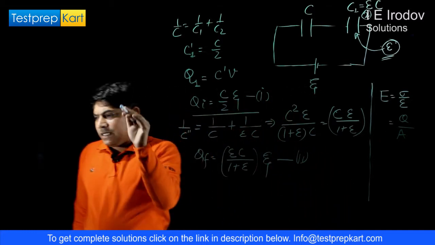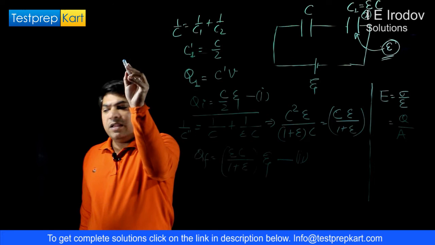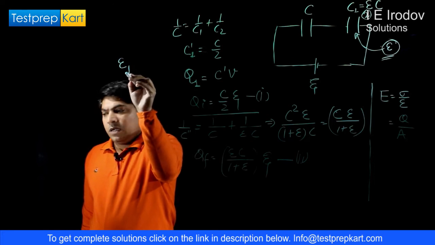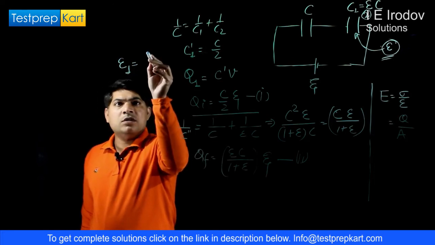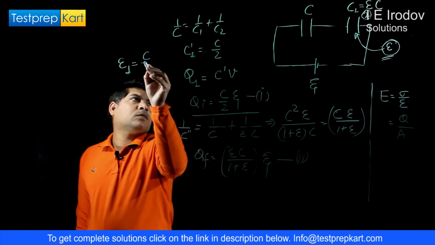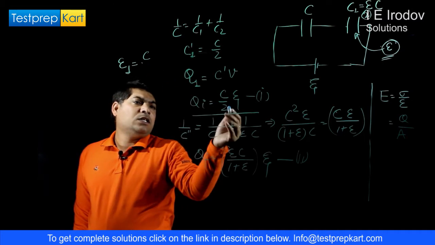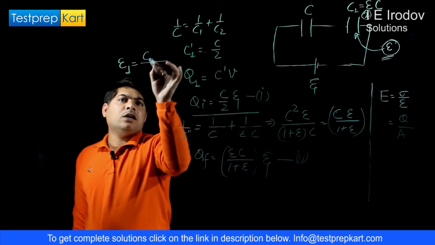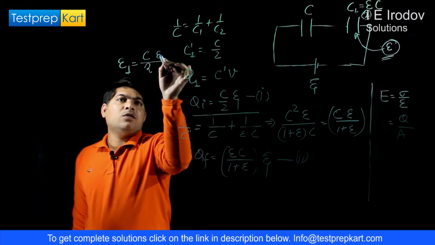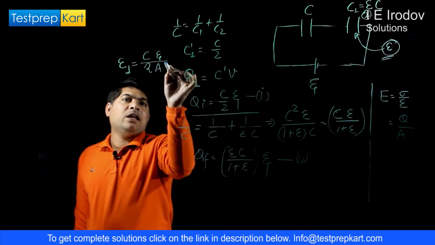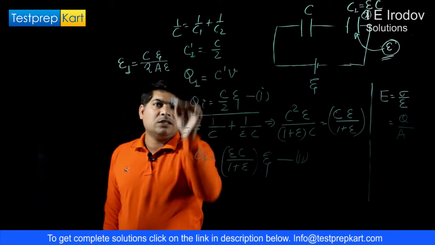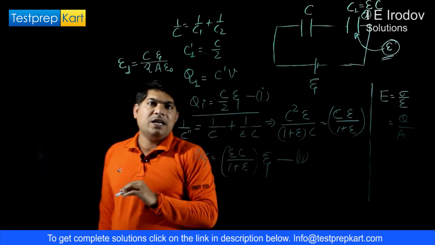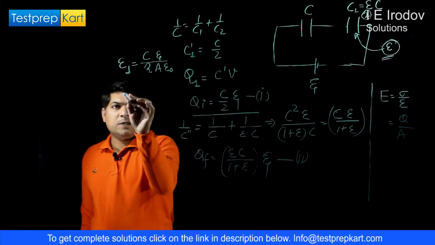So in the first case, the electric field E1 will be equal to C by 2 into E, the net charge Q, upon A into epsilon naught, because it was free space.